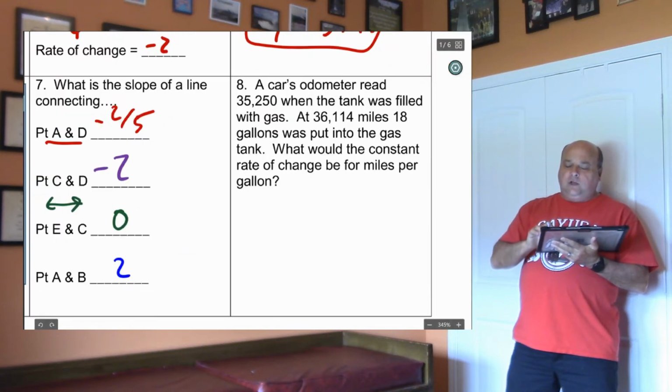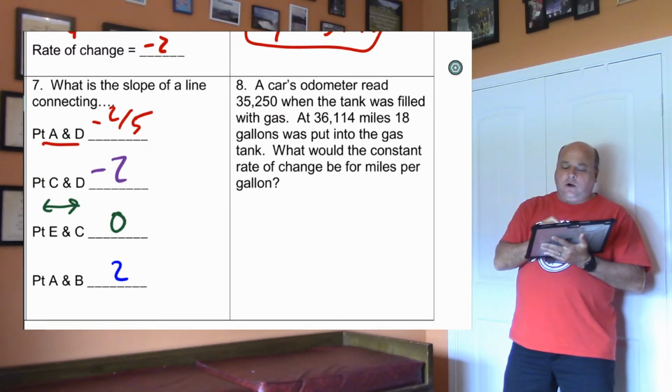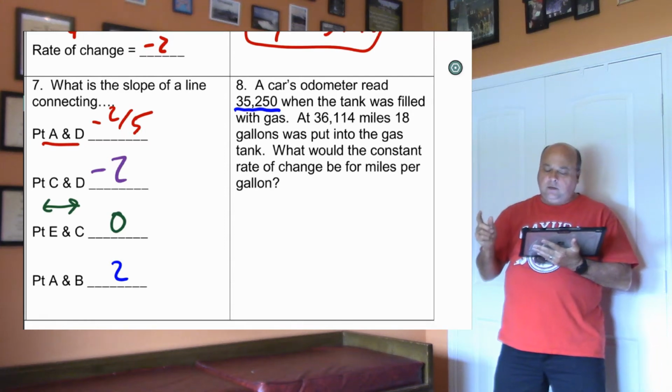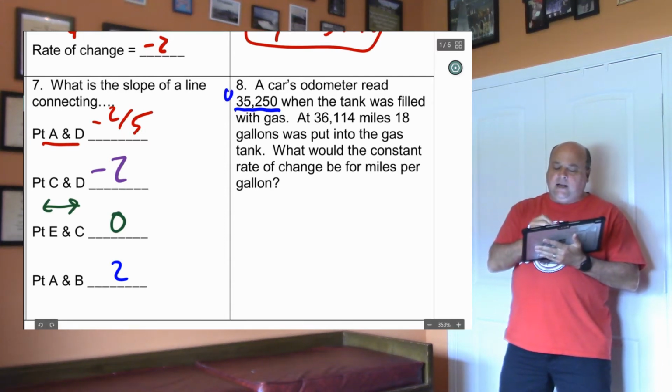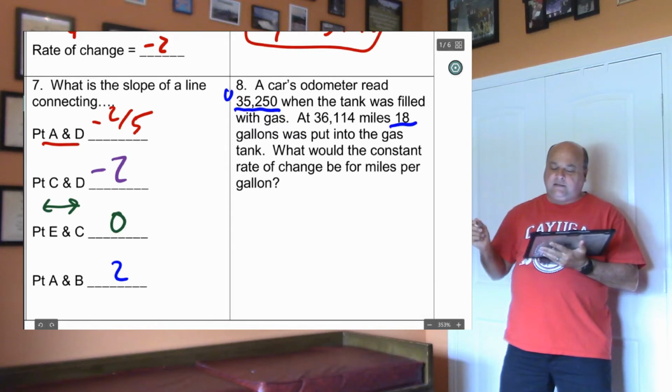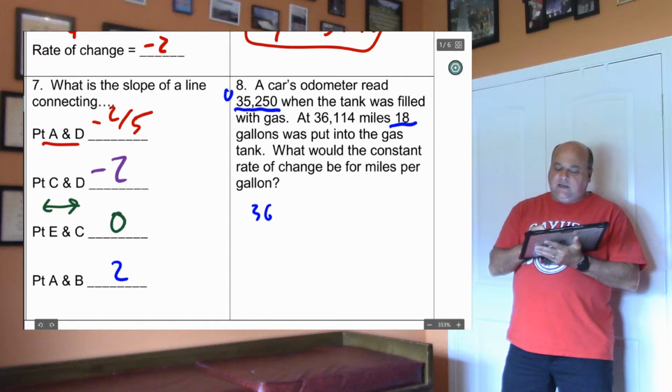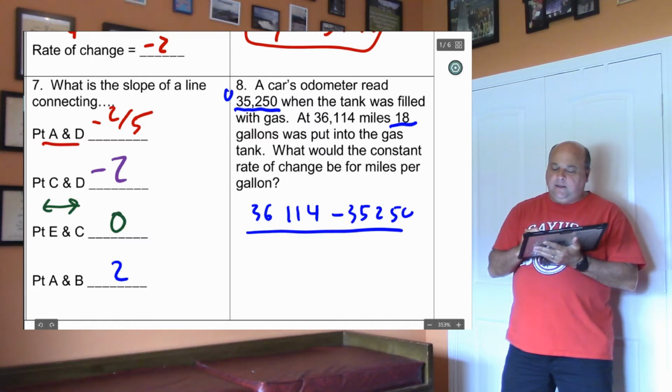Number 8. Okay. This is the car at, let's say, 0 gallons, and then we put 18 gallons of gas in, right? Okay, so we're going to do 36114 minus 35250 divided by 18 minus 0.